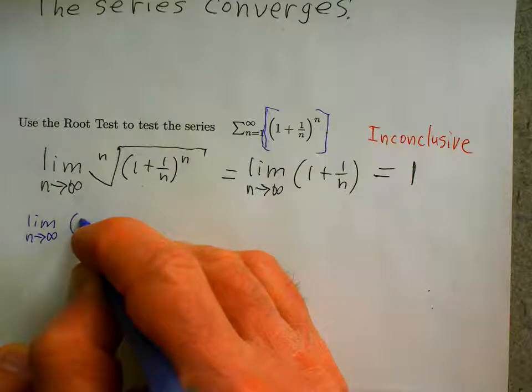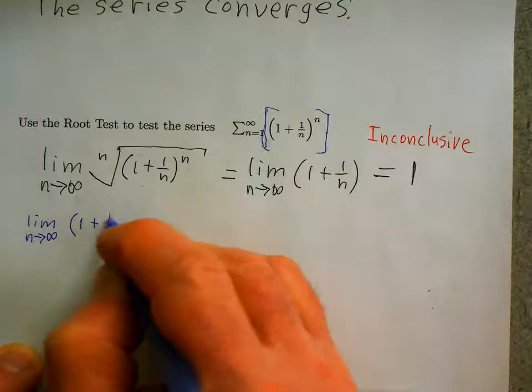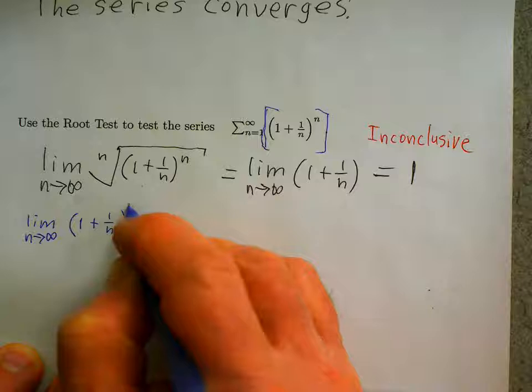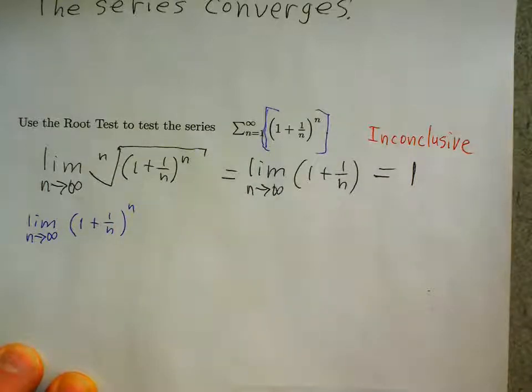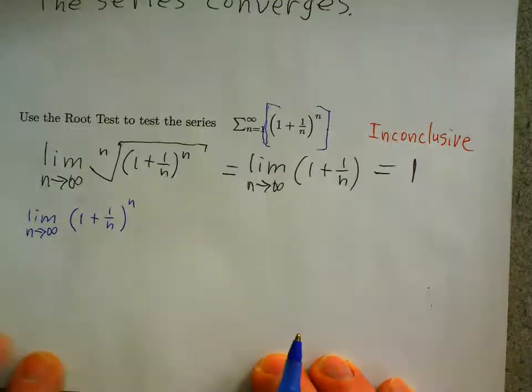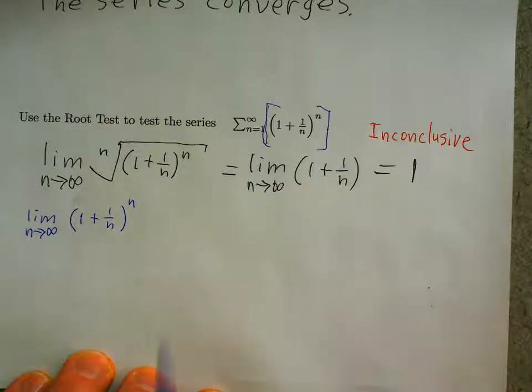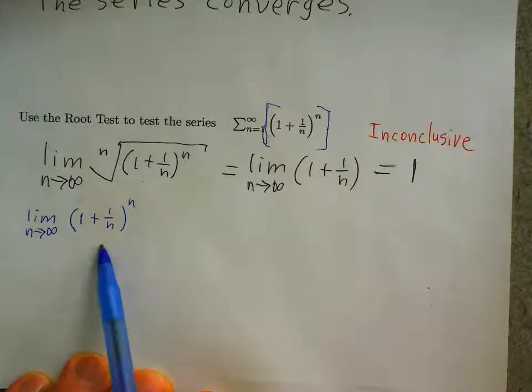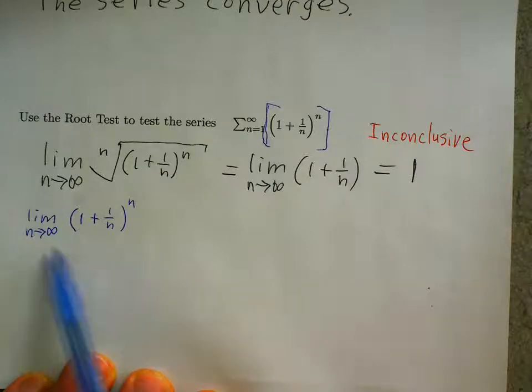So let's take the limit of (1 plus 1 over n) to the n. You might have seen this limit before. Does anyone remember anything about this limit of (1 plus 1 over n) to the n as n goes to infinity?